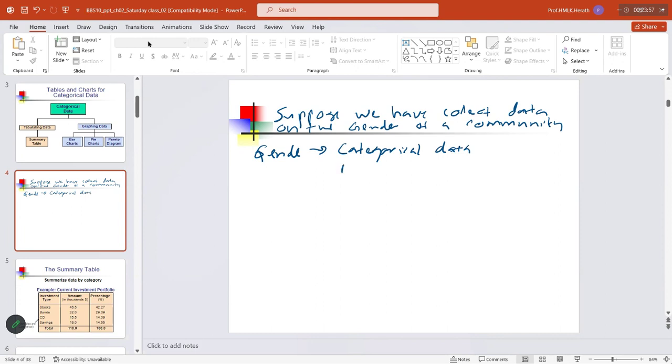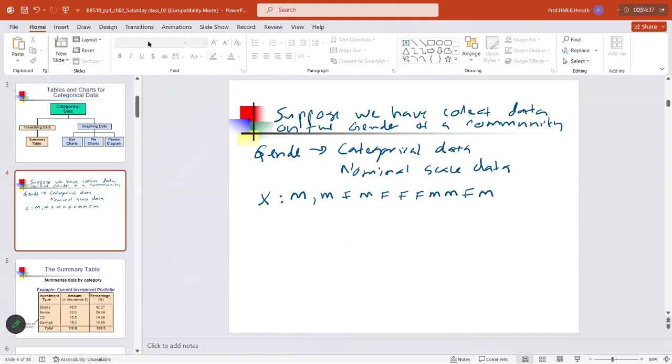Or nominal data, data in nominal scale. So your gender data will look like this: male, male, maybe female, male, female, female, female, male, male, female, male, like this.